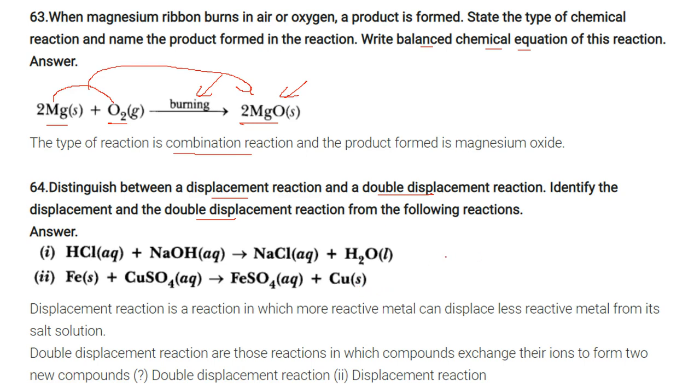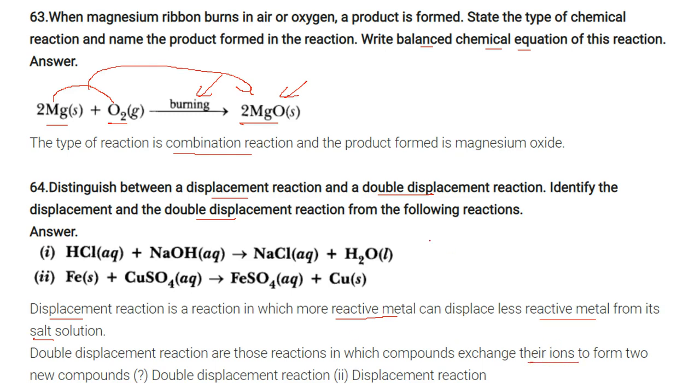If you see the reactivity series, a displacement reaction is a reaction in which a higher, more reactive metal displaces a less reactive metal from its salt solution. In double displacement reactions, the compounds exchange their ions to form two new compounds.